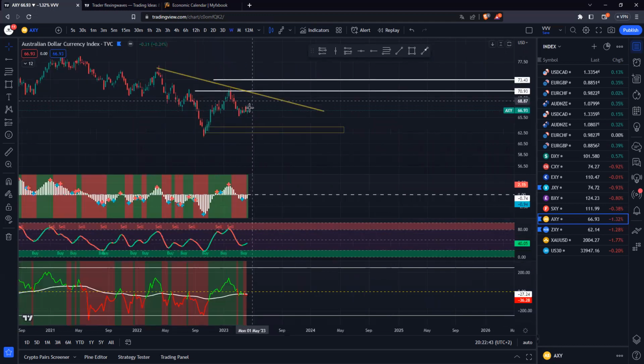But I want to see this more like ranging as well. My focus going mostly to the DXY. Okay, that's the next week.